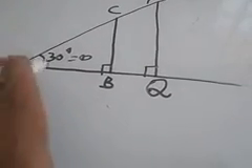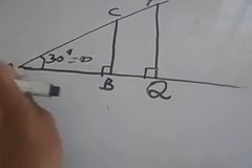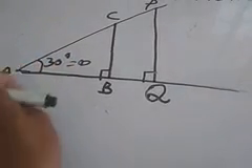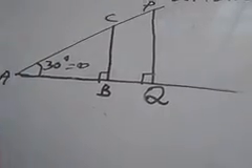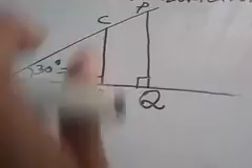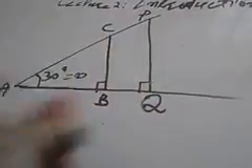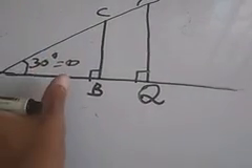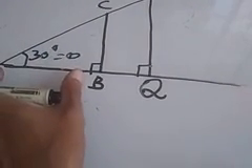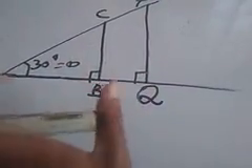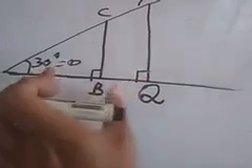Now, if I find all ratios with respect to this angle, I will find sin A, sin theta, sin 30 degrees, in both triangles ABC and AQP. Though the sides are different: suppose base is AB, here base is AQ, so the bases are different, not equal.